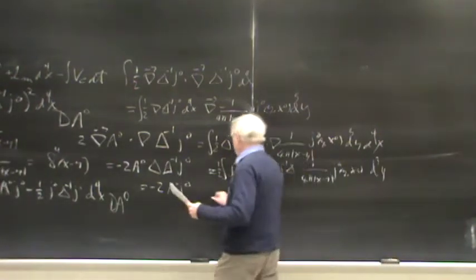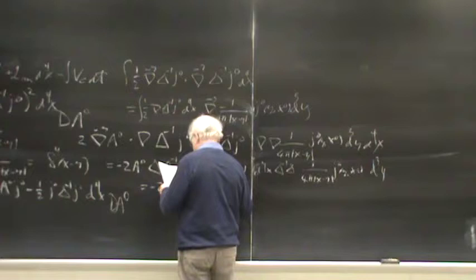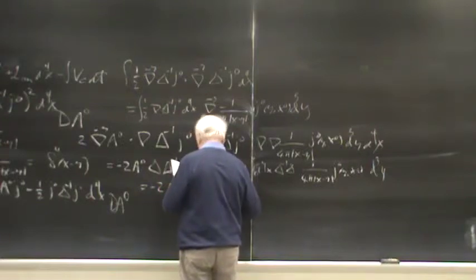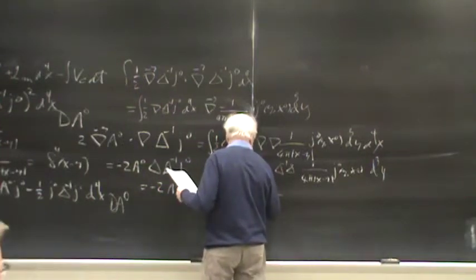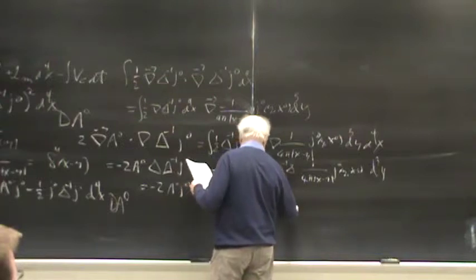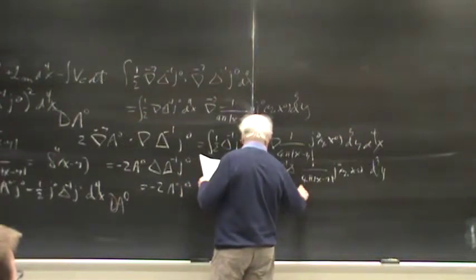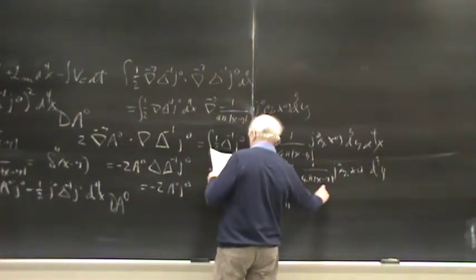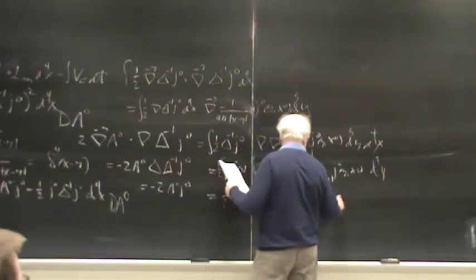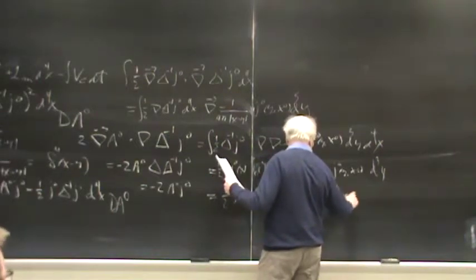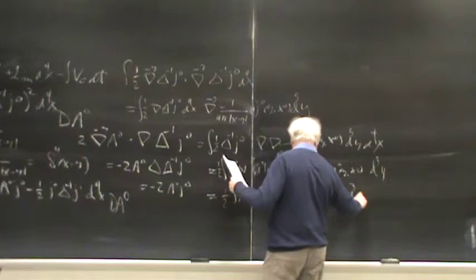And so altogether then it's 1/2 J0 of x 1/4 pi x minus y J0 y and x0 d4 x d cubed y.